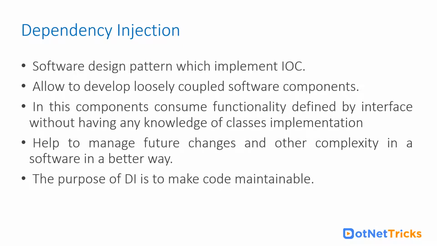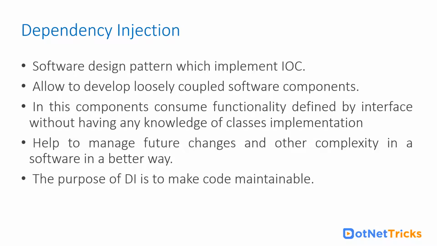Whatever we have gone through so far was theory. When it comes to implementing the theory, dependency injection is one of the ways. It allows us to develop loosely coupled software components. So whenever there is a requirement to build loosely coupled software components, dependency injection comes into the picture.